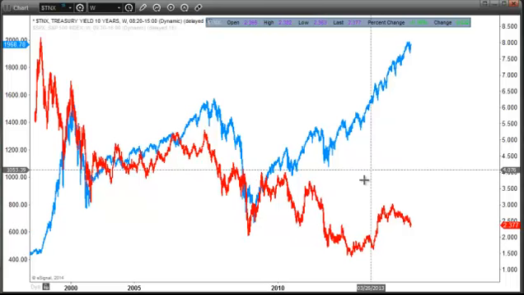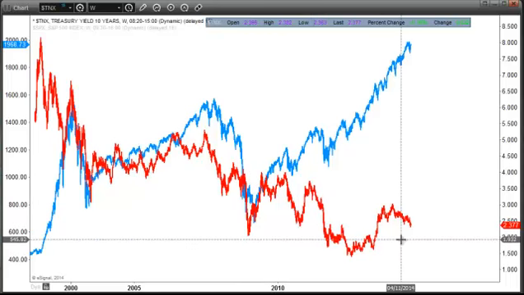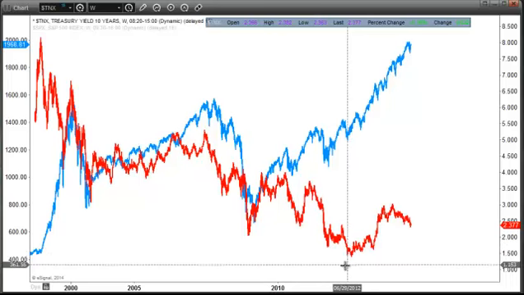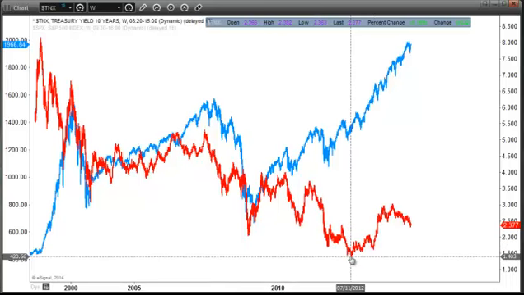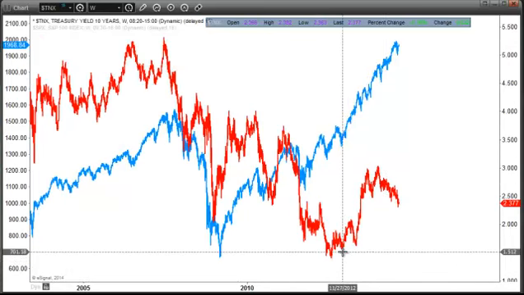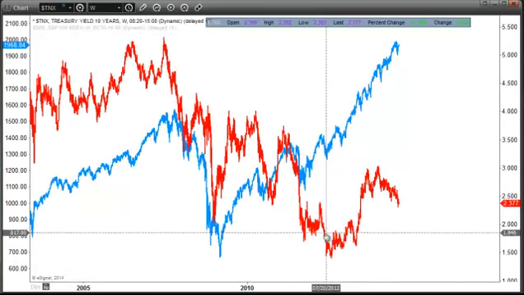Stocks continued to climb, whereas bond yields went lower, and that of course is again because the central banks essentially force people into bonds by keeping interest rates very low, and of course at some point, when the economy started to turn back up, bond yields started to go higher.